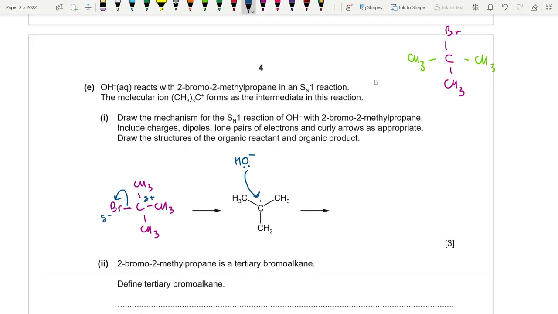And in the final step, we get our product, which is 2-methylpropan-2-ol, (CH3)3COH. Fine. So you need to show the dipole, you need to show the curly arrows, alright? Properly.